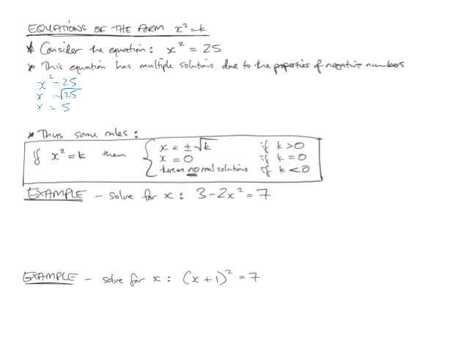The only problem is that because of negative numbers, there's actually another solution to that. Because there's another number that you can square to get 25. It's going to be negative 5. x squared is 25. x is the square root of 25.